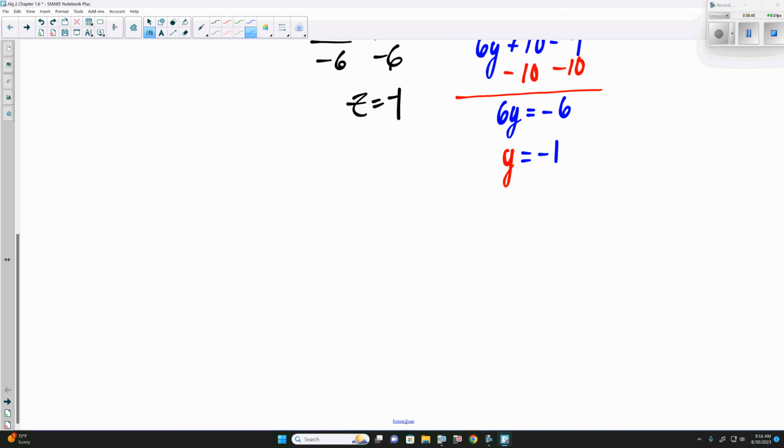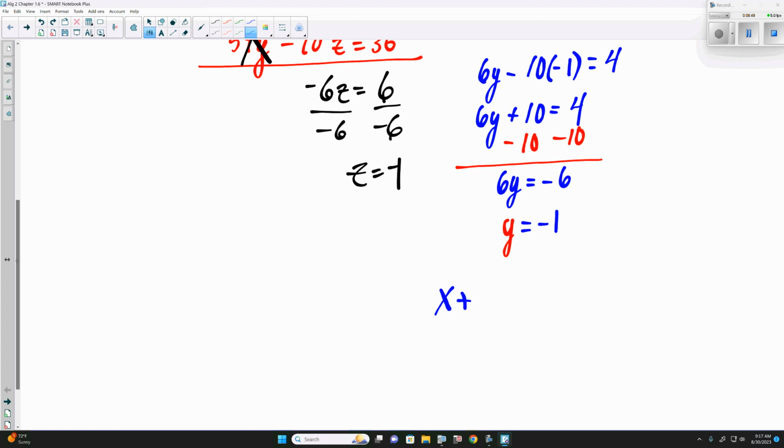And lastly, we need to solve for x. I'm going to take the x plus 4y minus 6z equals negative 1. So we'd have x plus 4 times negative 1 minus 6 times negative 1 is equal to negative 1.